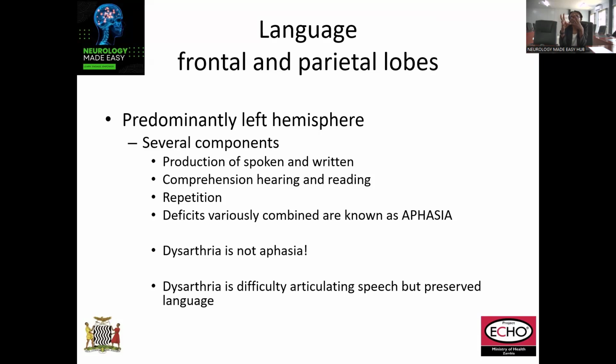A combination of impairment in any of these domains will give you what is known as aphasia. That's why you will find people who have a stroke, they might not have verbal output, but they might be able to understand, or they do not understand, but they keep on speaking, and what they're speaking is gibberish. It's important to remember that aphasia and dysarthria are 2 different things. So if someone has got slurring of speech, that is not equated to aphasia.